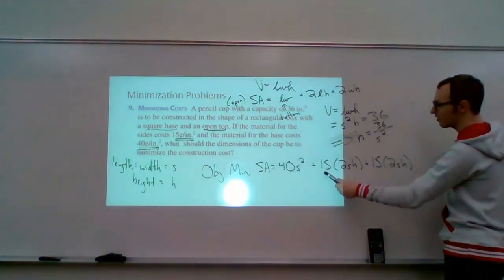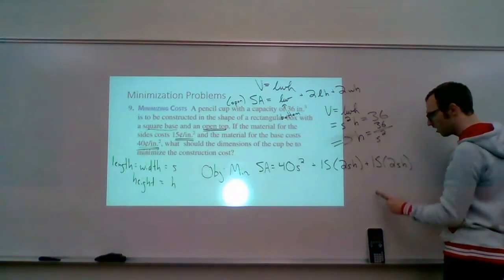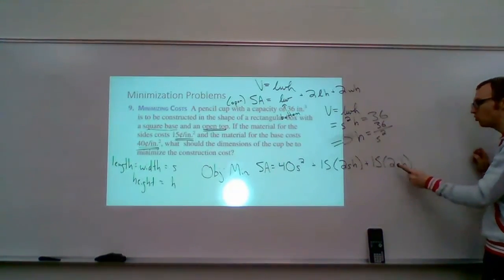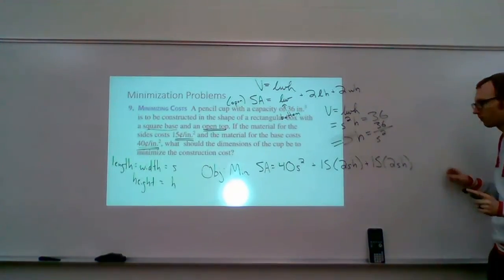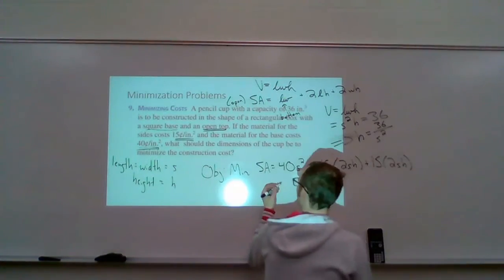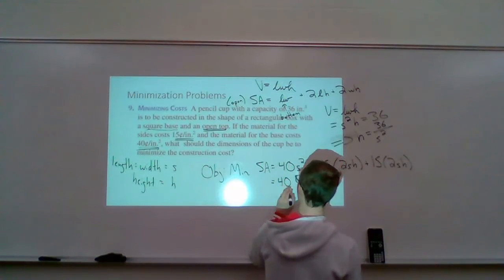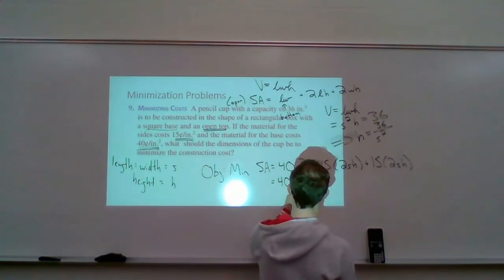Okay, so I've got the cost times 2LH plus cost times 2WH. So that's going to equal 40S squared plus 60SH.